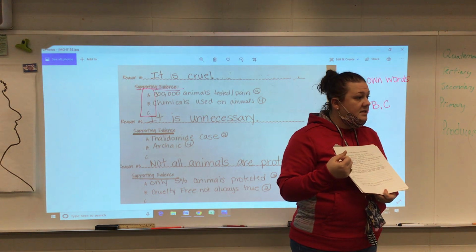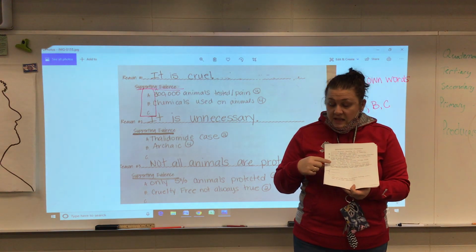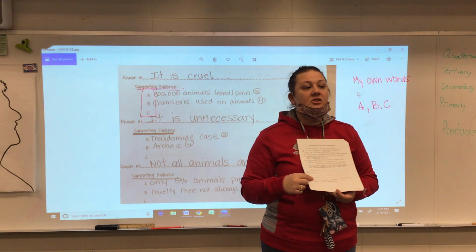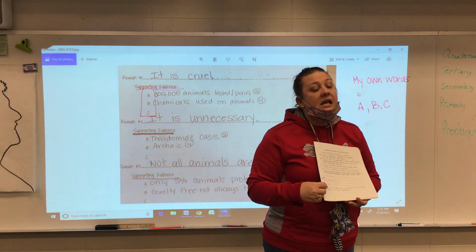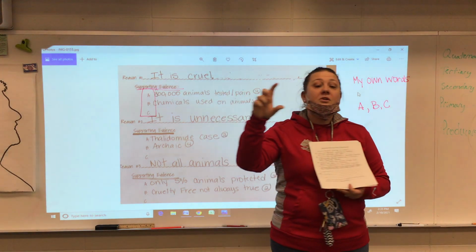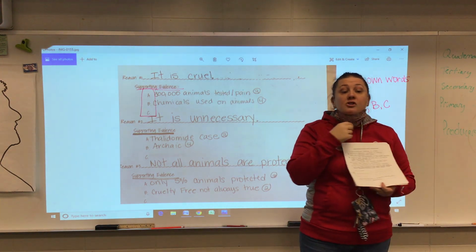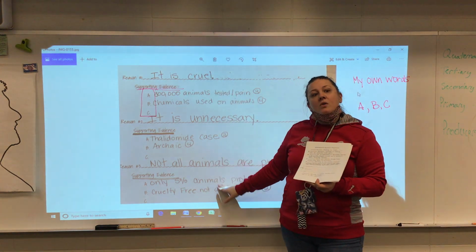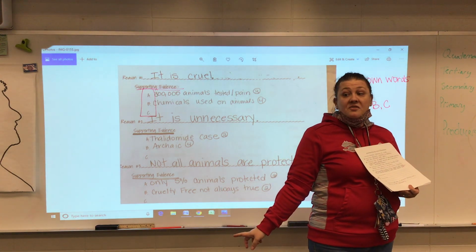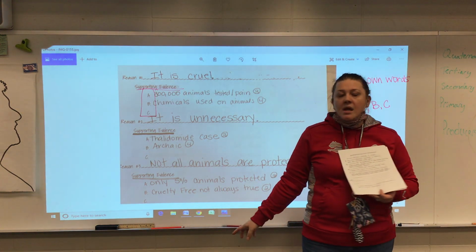Does that make sense? Okay, so the last thing I need for you guys to pay attention to is the transition sentence. A transition sentence takes you from one paragraph to another. So, looking at my outline, do you guys see why it's important to have your outline done? This is a whole lot easier if your outline is done, isn't it?